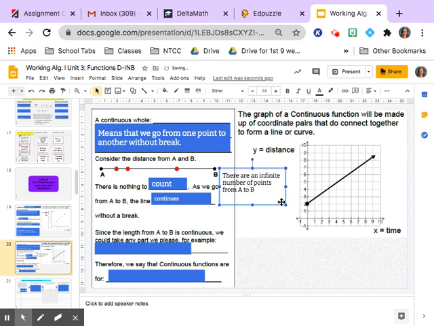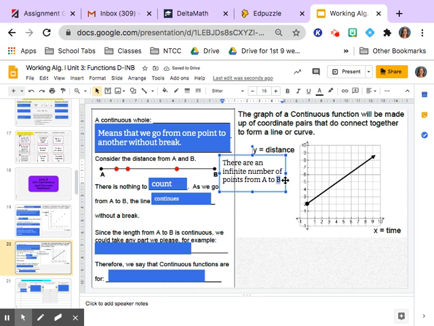There are an infinite number of points from A to B. So if you can find an infinite number of points between two distinct points, then that means that this function would be continuous.